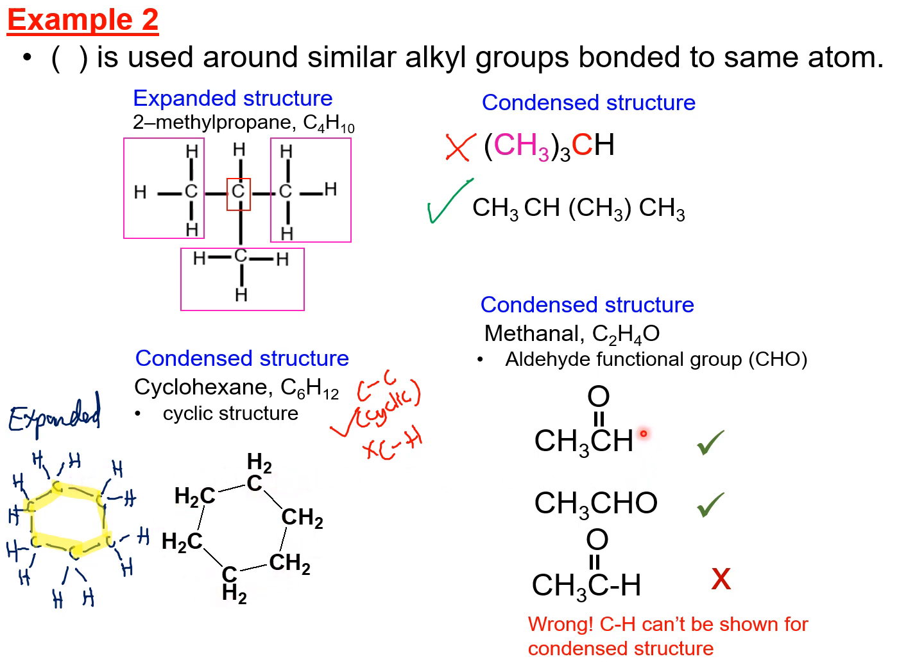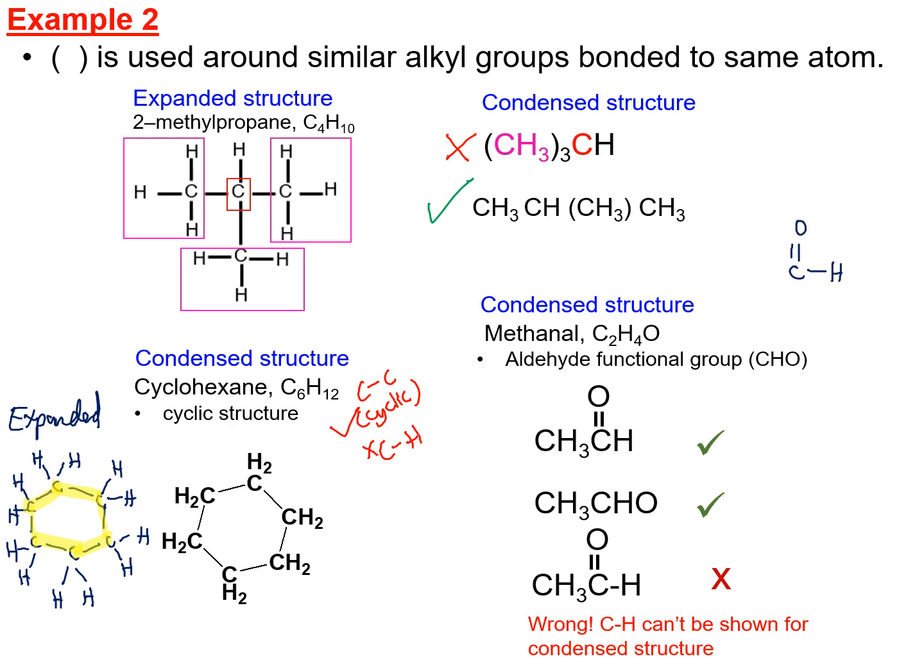Okay. Last one, how can you write the condensed structure for methanol? Methanol has two carbon atoms and then H4O. But methanol is an aldehyde, and the functional group for an aldehyde is C double bond OH.